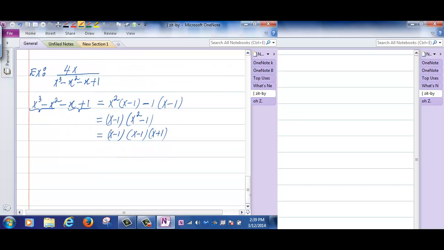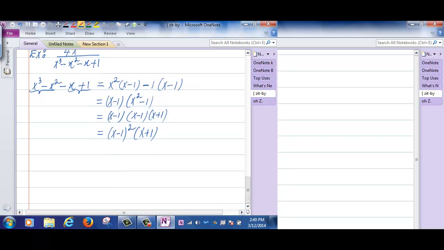But I can combine this x minus 1 with the other x minus 1. So x minus 1, we call that a repeated factor. It is repeated twice. That too means it's the multiplicity of that factor, and the meaning of multiplicity is that it is repeated twice.